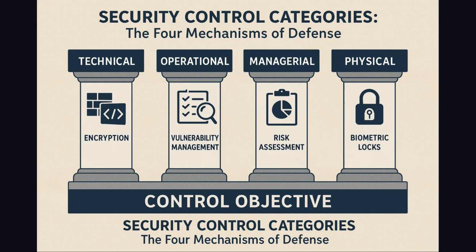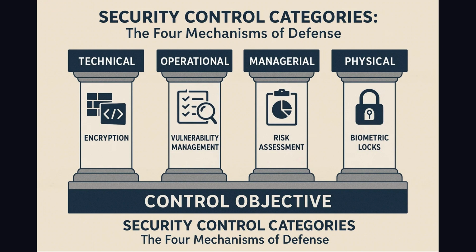Examples: periodic risk assessments, security planning, and incorporating security into change management practices. 4. Physical controls. Physical controls are security measures that impact the physical world. Examples: fences, locks, fire suppression systems, and burglar alarms.